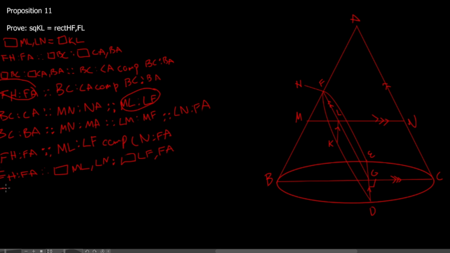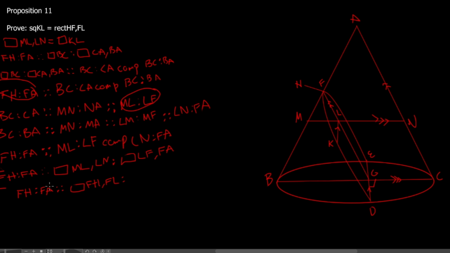So this is where we are right now. Now we're going to just look at FH to FA. And we are going to multiply, or just think about it as multiplying, each term on the left with one common line. And the common line is going to be FL. So FH times FL is the rectangle FH FL.